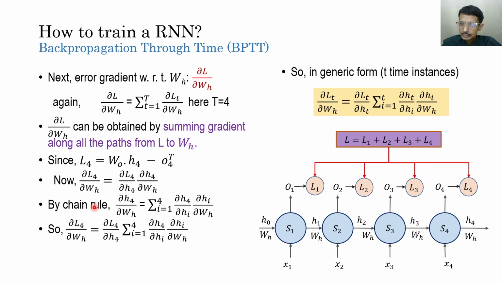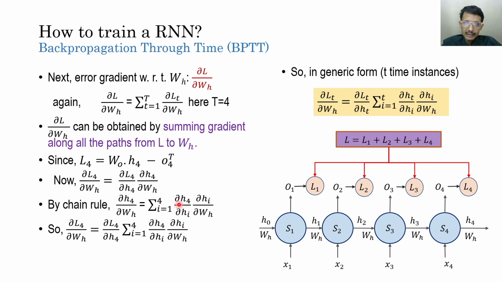Using the chain rule, if we do some algebraic manipulation, this expression is taking into consideration both the present input, present state, and the previous state.